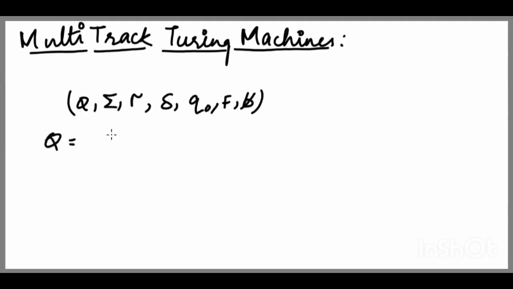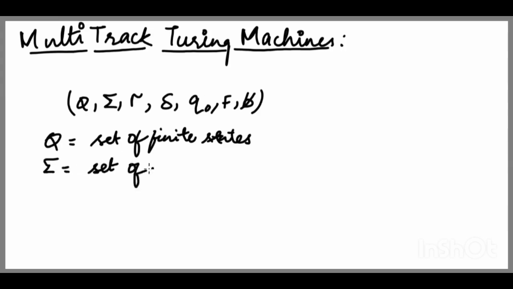Q refers to the set of finite states. Sigma refers to the set of input symbols. Tau represents the set of tape symbols. Q naught represents the initial state.